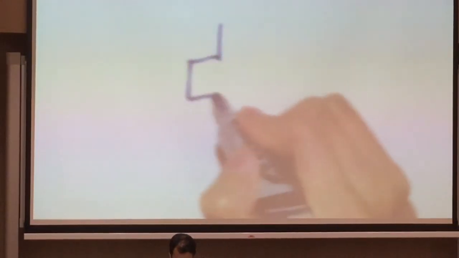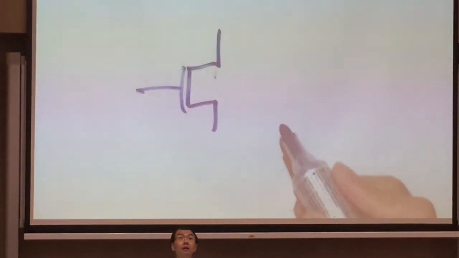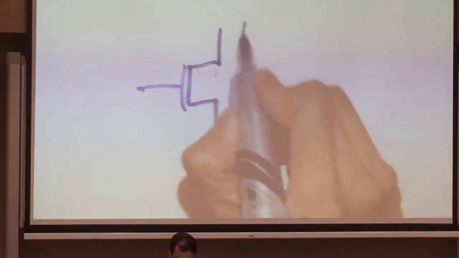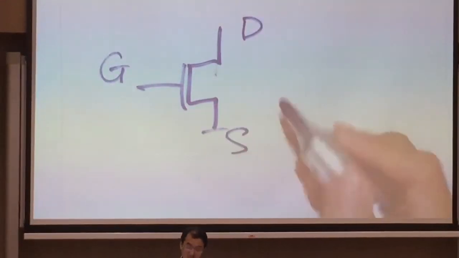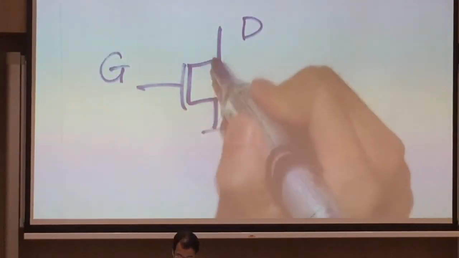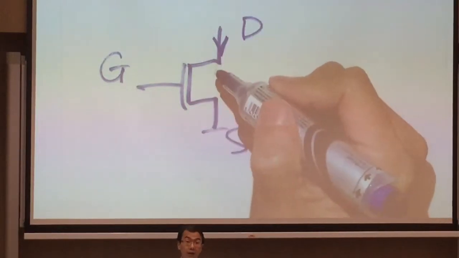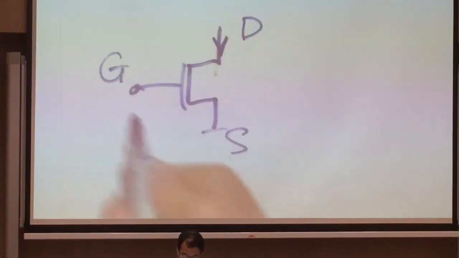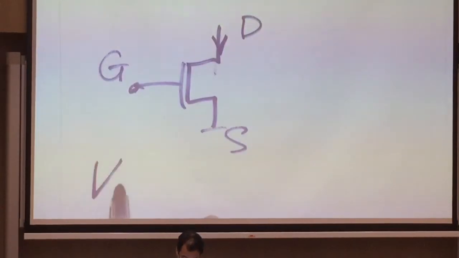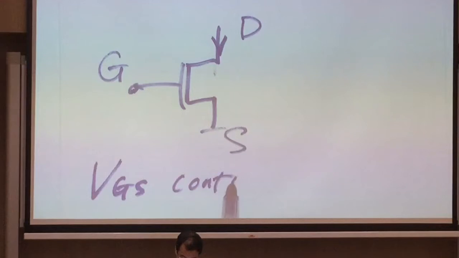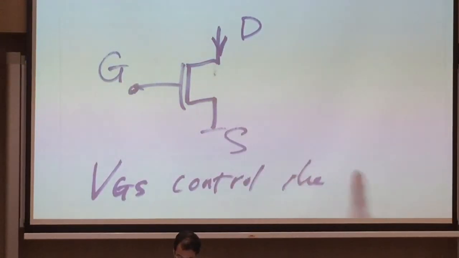We have the drain, we have gate, and we have source. The current flow through the MOSFET is controlled by the gate. It's the VGS which controls the current flow.